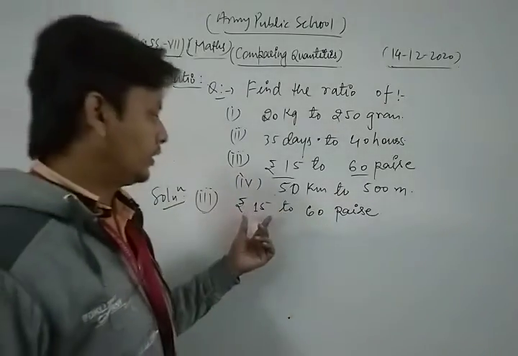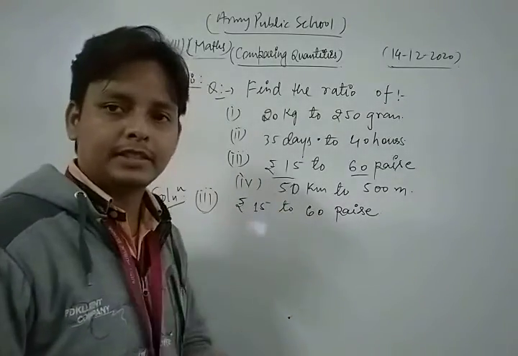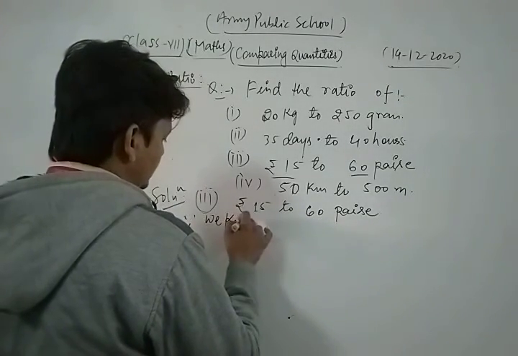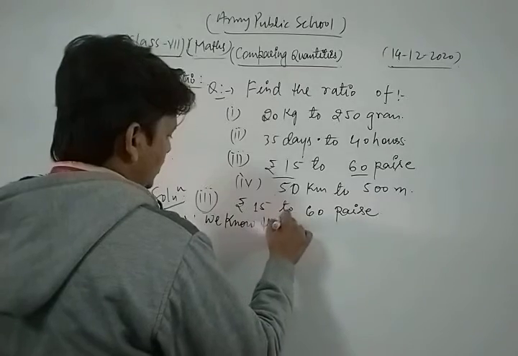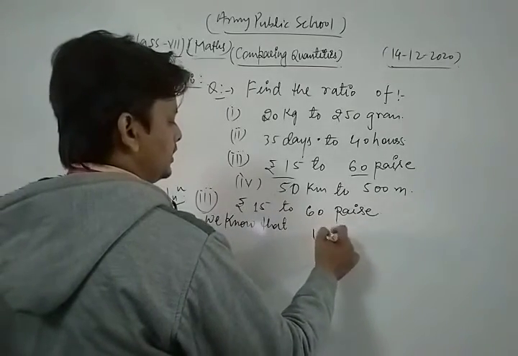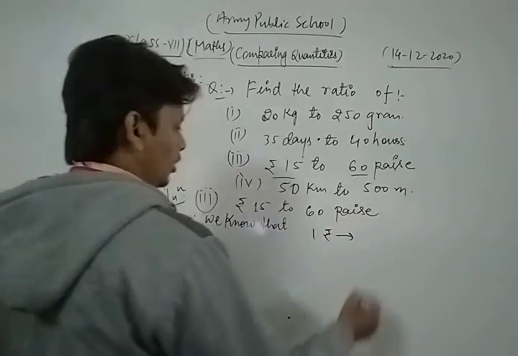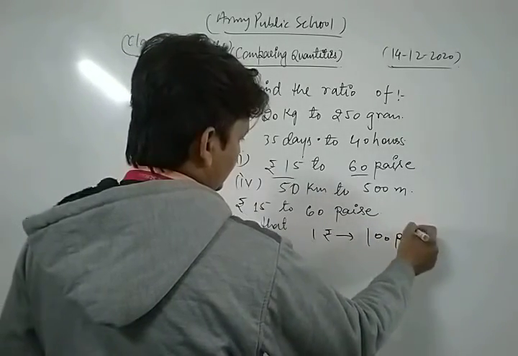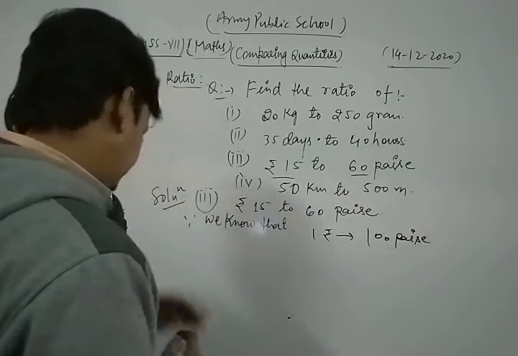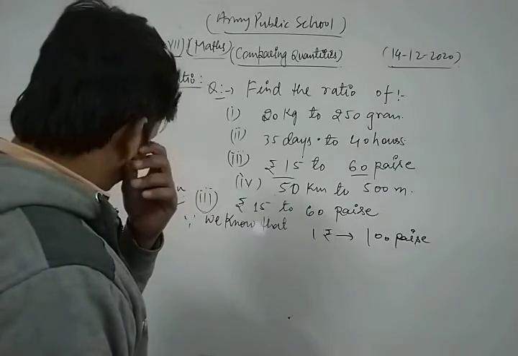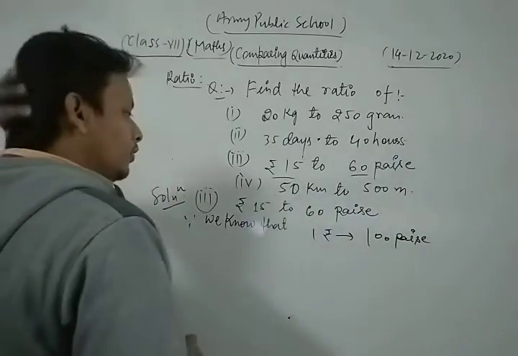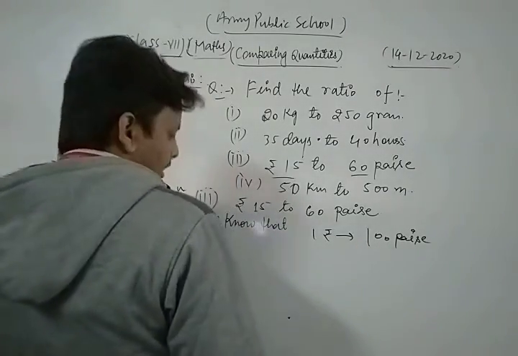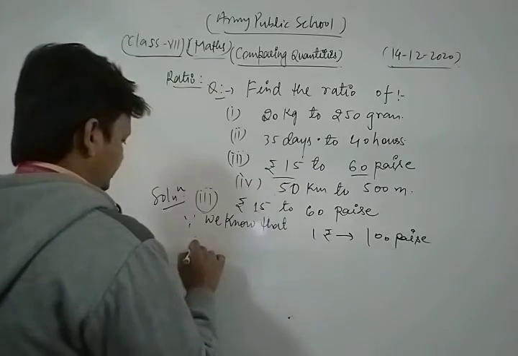First of all, you know that in 1 rupee there are how many paise? 100 paise. In 1 rupee there are 100 paise.